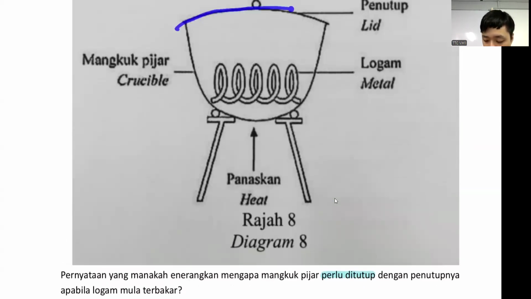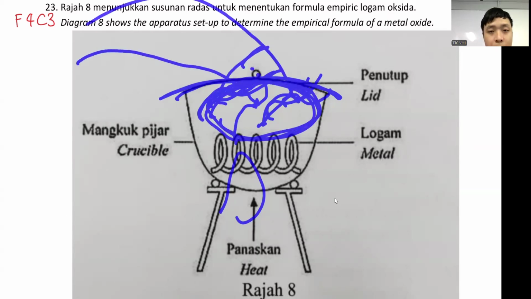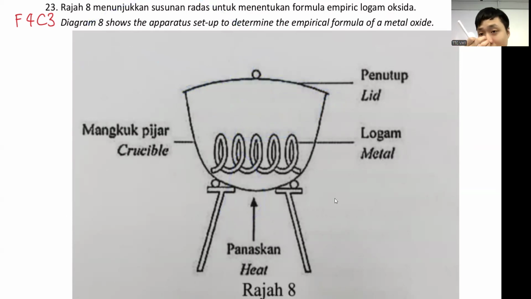So the reason is very simple. When it starts to burn, inside you will get a lot of white smoke, a lot of wasap putih. If you open the lid, all the white smoke comes up and escapes, which will affect the mass later. Akan menjejas jisim.